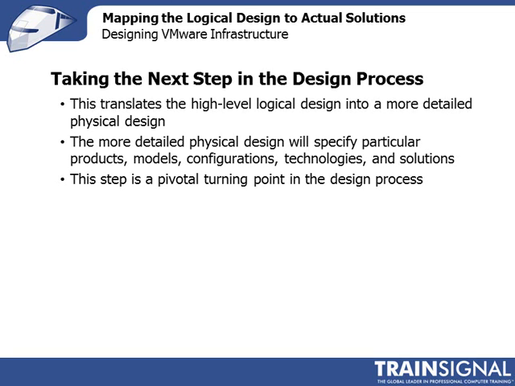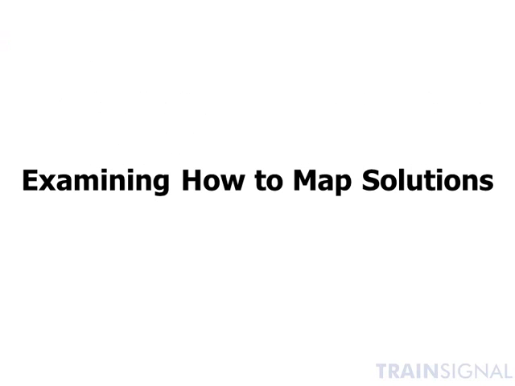As I mentioned already, it's a pivotal turning point in the design because now you're going to be thinking in a different way, and there's a different set of processes that you will follow in order to perform this function. With that in mind, let's take a look at the four-step process that I've defined for how we go about doing this thing called mapping solutions onto the logical design.